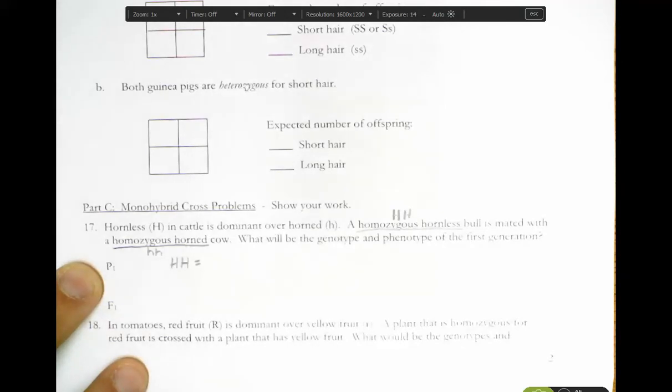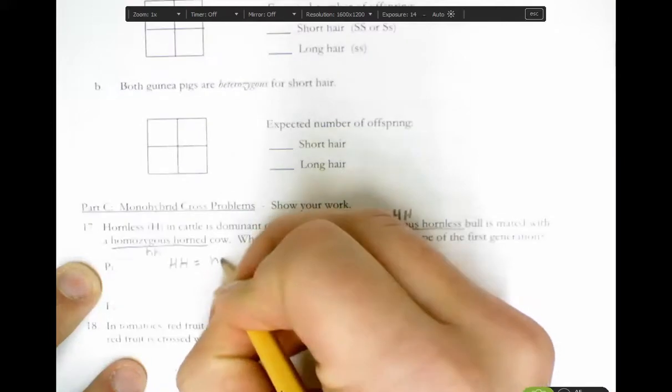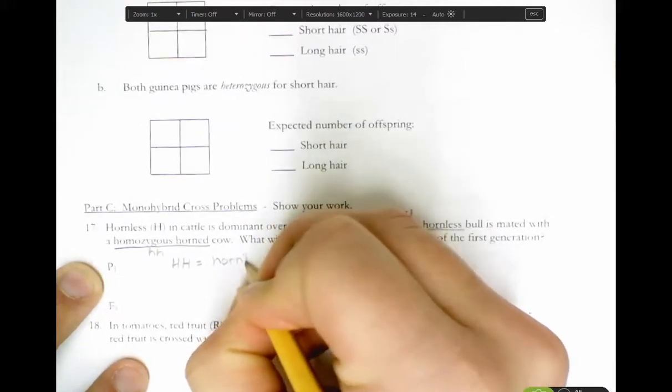What physical trait is that bull expressing? It's hornless. The phenotype is the physical trait that it has. In this case, uppercase H is hornless. So we're going to write that down. It is hornless.